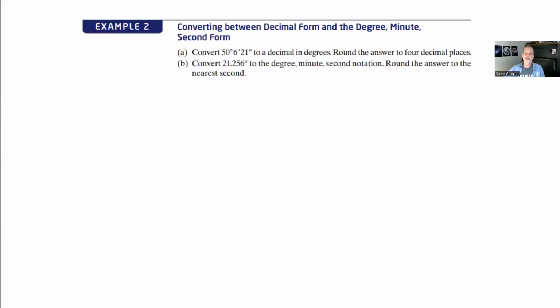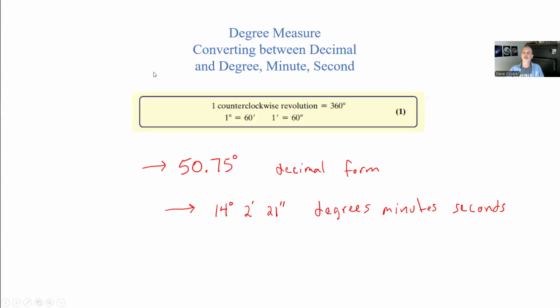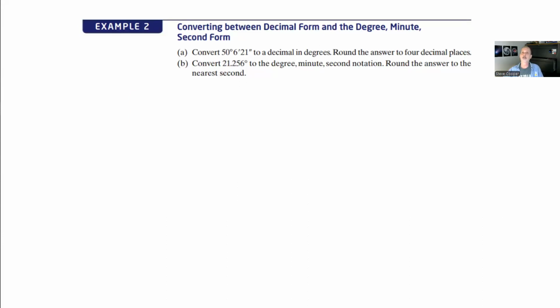Okay, so we're back, and here we're going to try and convert from one format to the other because we know the definition that they've given for these formats is that 1 revolution is 360 degrees, 1 degree is 60 minutes, 1 minute is 60 seconds. Okay, so let's take this idea.